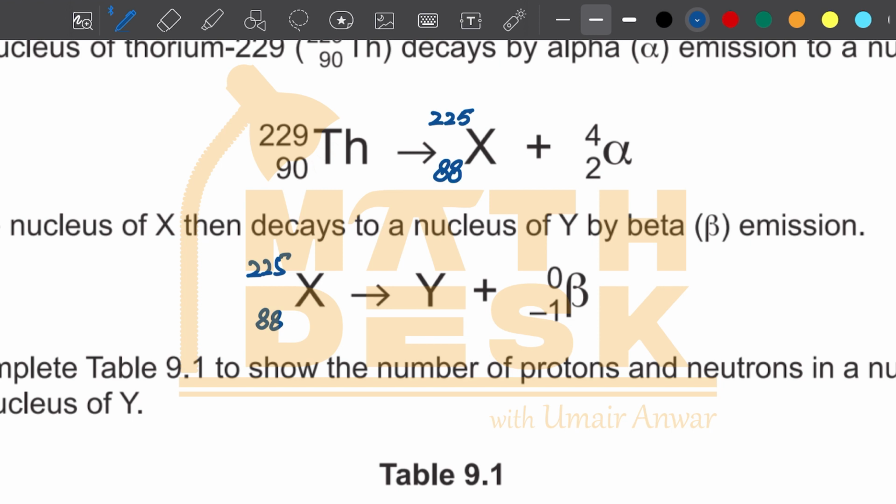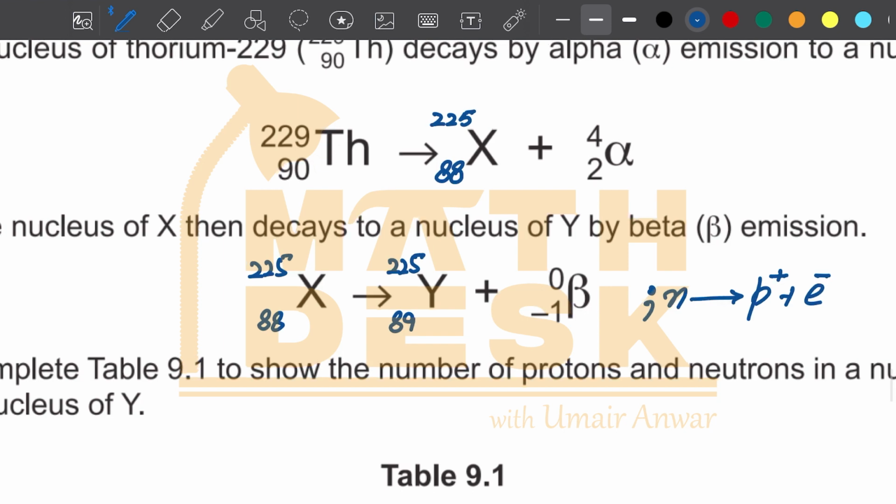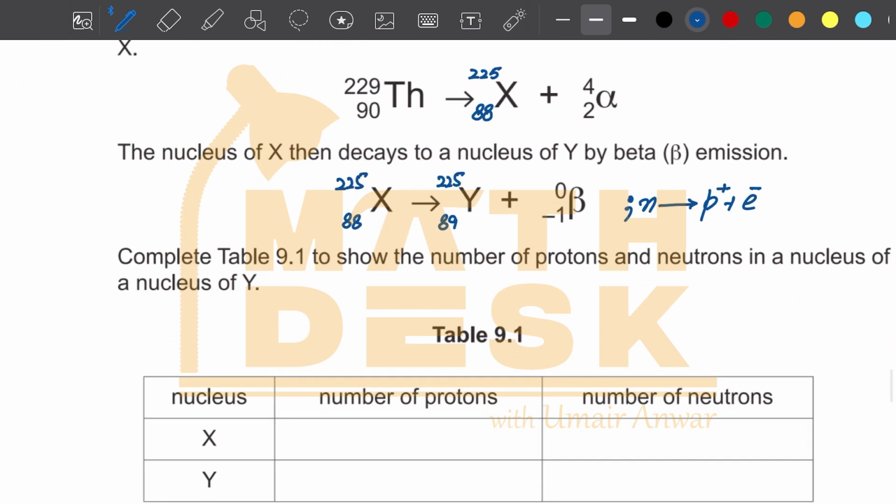Then a beta decay occurs. In a beta decay, a neutron converts itself into a proton and an electron. So the proton number is going to increase by 1, but the nucleon number would remain the same. So this is how we can complete the details.